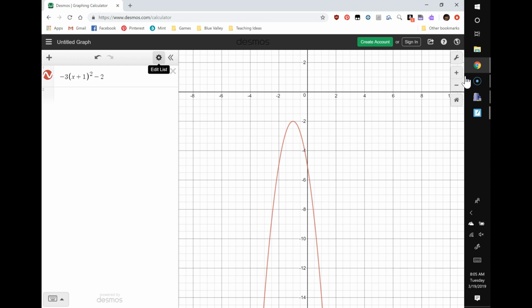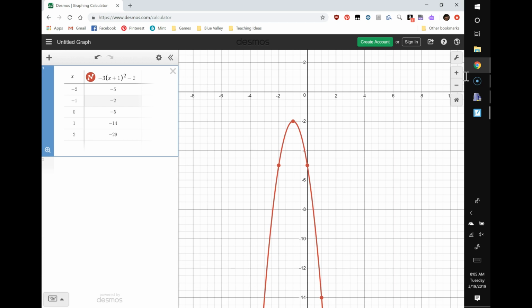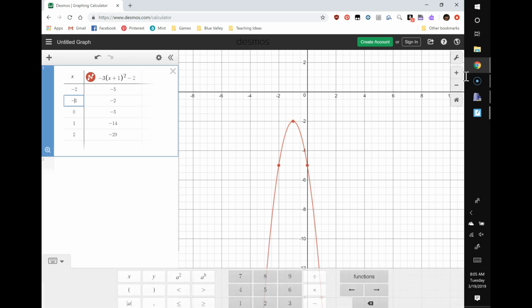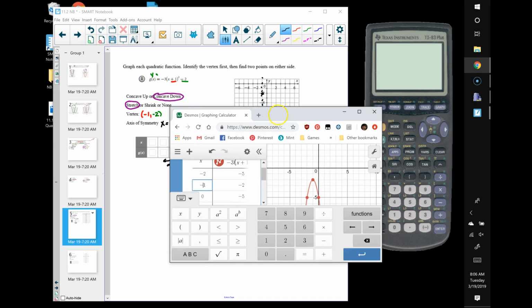So if you hit this little gear right here and then hit this little table button, it's going to suddenly give you a table of values. Now, I know that my vertex is at -1, -2. So that's my middle point. So the numbers on the outside of it, I'm going to go ahead and label here.